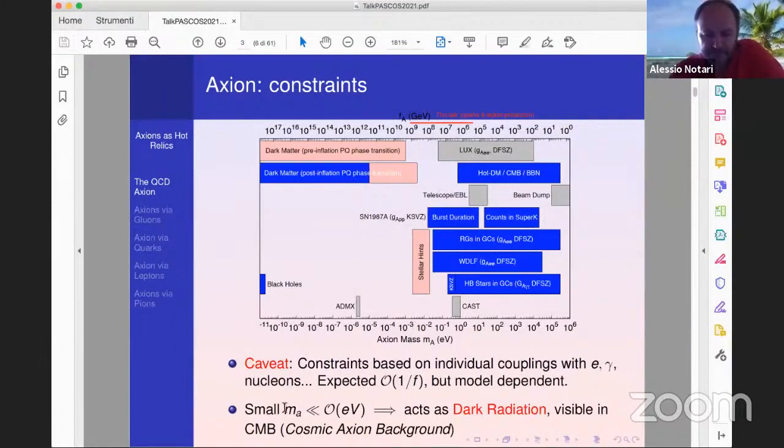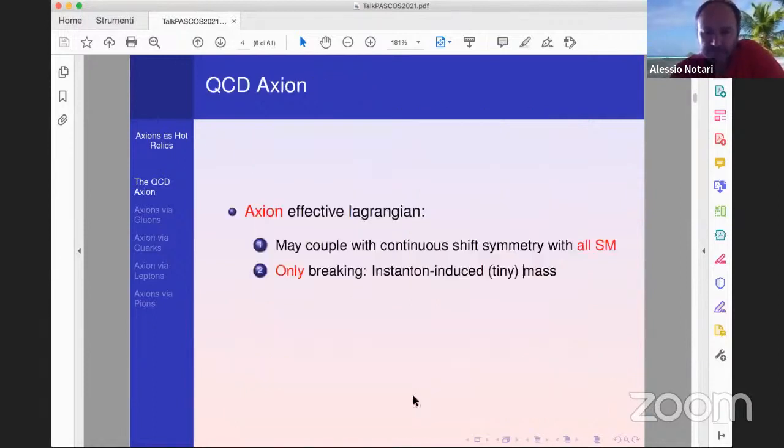The focus of this talk, as I said already, is that axions can act as a background of relic particles. One may call them also dark radiation. And this happens if their mass is very small, and this is actually the window that we are looking at, smaller than an electron volt, because this is the typical mass that corresponds to a light, relativistic particle for the CMB.